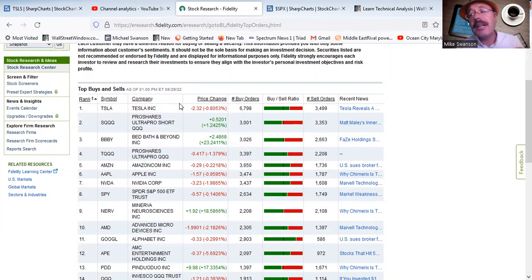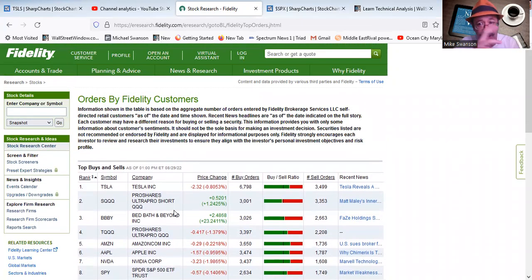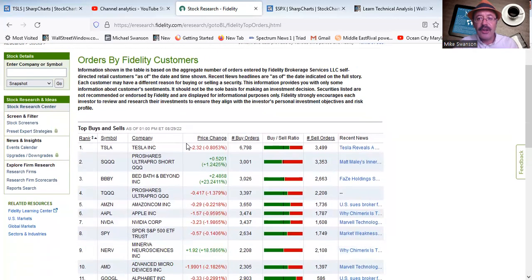You see, a complete mania has enveloped trading Tesla stock. What you're looking at here is extremely fascinating. It's the Fidelity order flows by their customers, updated in real time. It shows you the stocks ranked by the number of buy and sell orders, and then it even gives us the ratios of those orders.